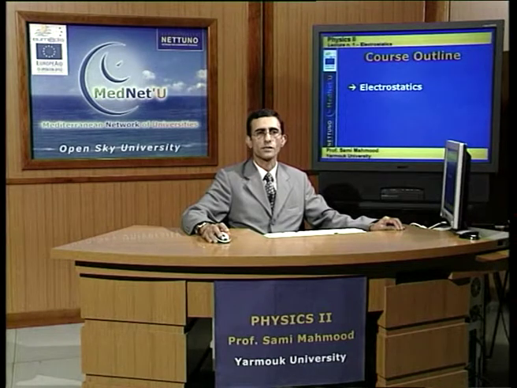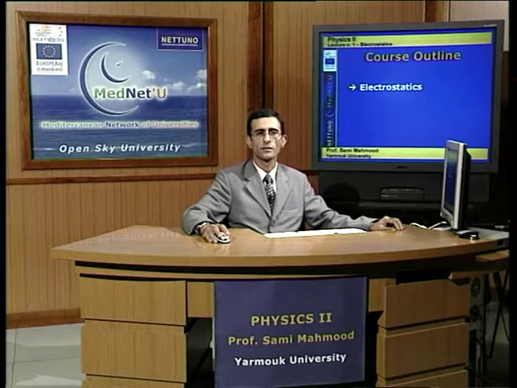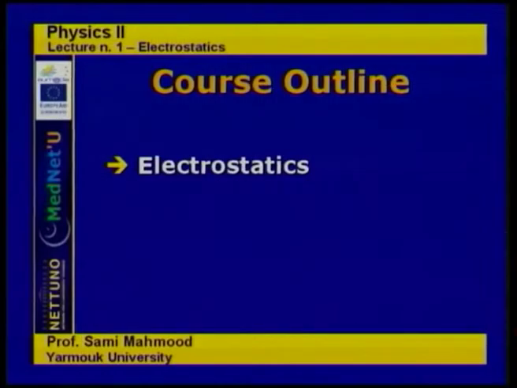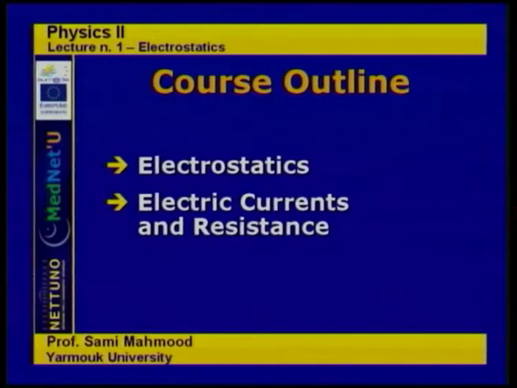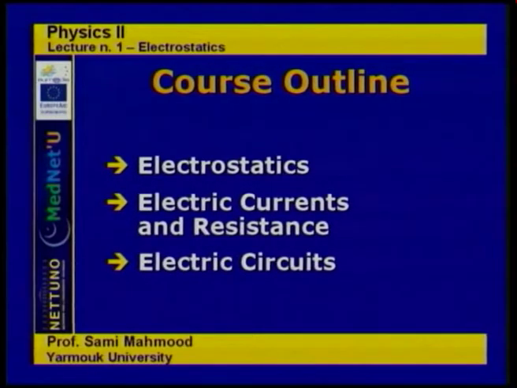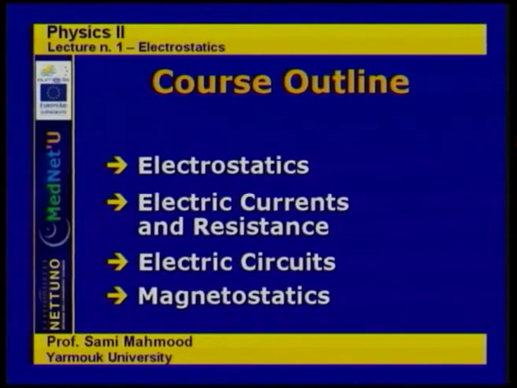This course will address a variety of topics starting with electrostatics, and then the field of electric currents and resistance will be addressed. After that, we will be discussing electric circuits, and then we will move on to the discussion of magnetostatics.